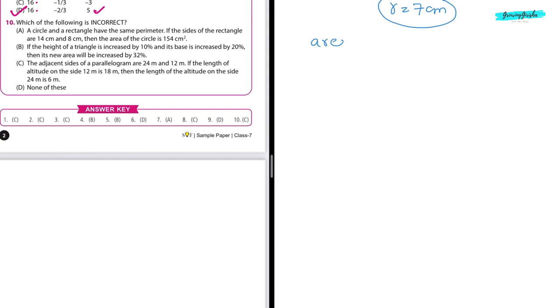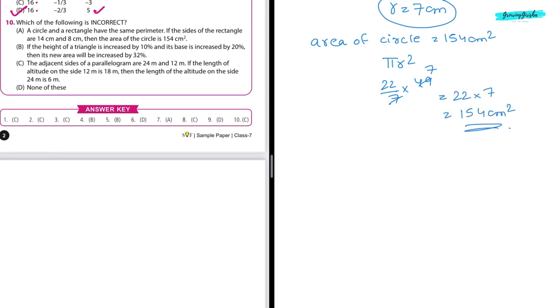The question says area of circle is equal to 154 centimeter square. Area of circle is pi r square, 22 upon 7 into 7 square is 49. 7 1s are 7, 7 7s are 49, which is equal to 22 into 7, which is equal to 154 centimeter square.